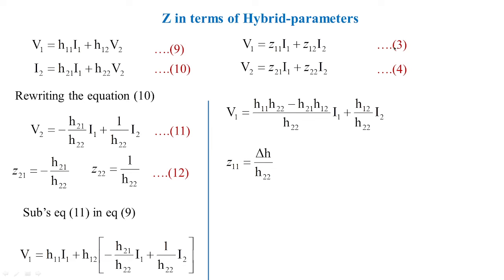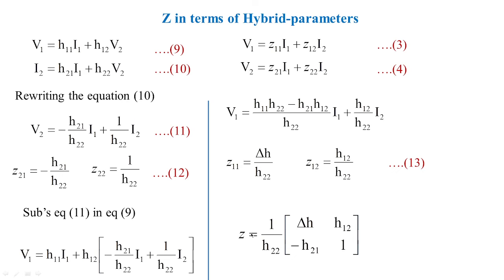By comparing it to equation 3, I'm going to get delta H by H22 for Z11, and for Z12 it is equivalent to H12 by H22. After framing this equation 13, I can get the Z parameters in terms of hybrid parameters by this equation, that is 1 by H22 multiplied with [delta H, H12, minus H21 and 1].